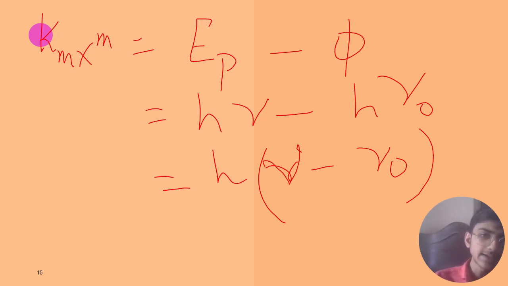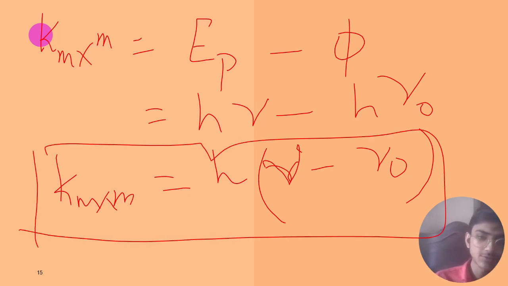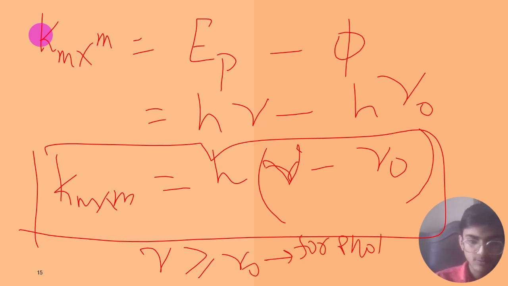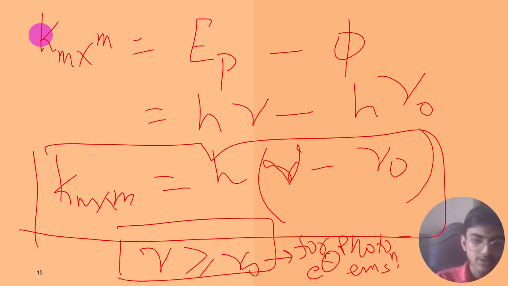Again, we can write it in terms of wavelength also. First of all, you can see from here that for photoelectric emission this frequency nu should be greater than or equal to nu naught. If nu equals nu naught, then K max will be 0, and if nu is greater than nu naught, then we have a definite value of maximum kinetic energy.